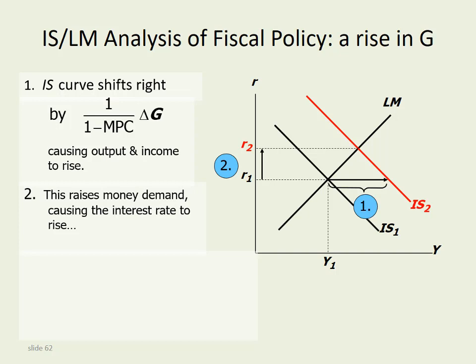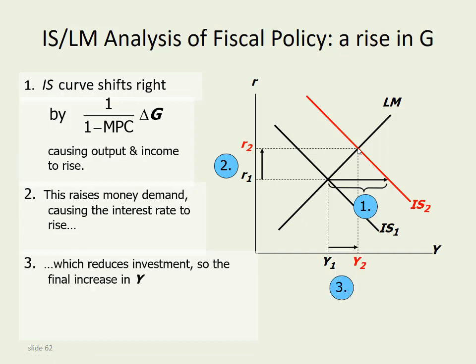There's only a fixed amount of money, so the interest rate has to rise to keep the money market in equilibrium. So the interest rate goes to here. Because the interest rate goes up, that takes off some private investment, because that depends on interest rates. So you don't get this full boost you expected before, because you lose some private investment because of this higher interest rate. So you end up here instead of over here.